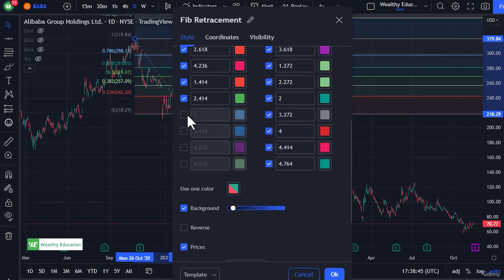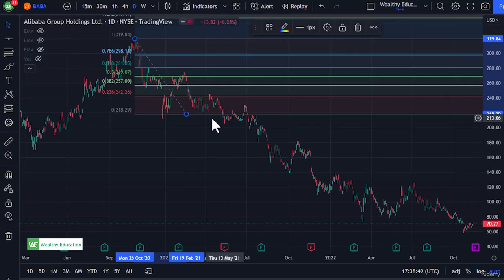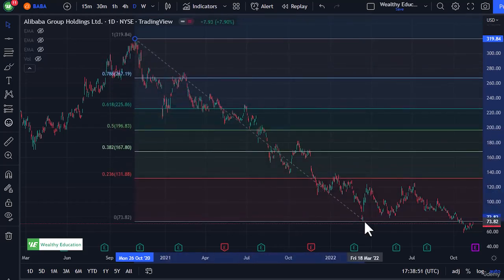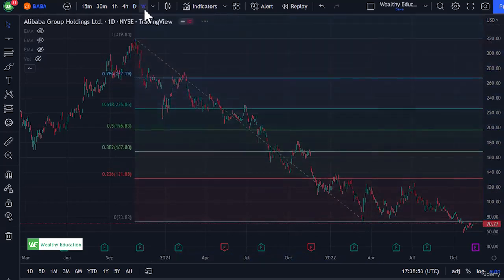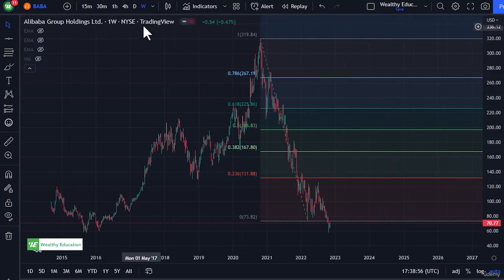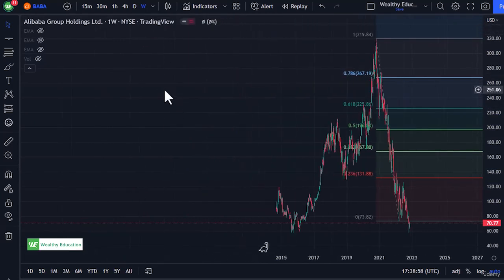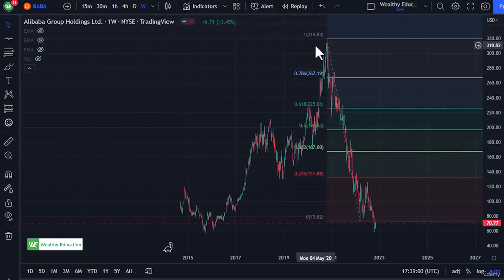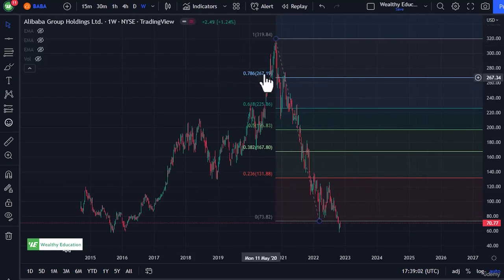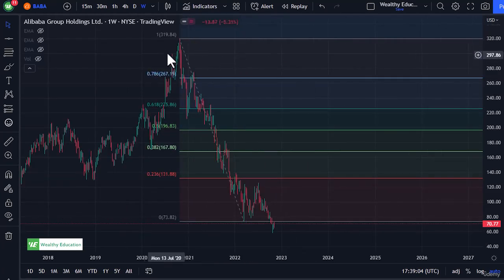So these are all the Fibonacci ratios that you can use on a retracement. If I pull this all the way down here, maybe on the weekly, you can see that in a downtrend from top to bottom, you can see all of these ratios.